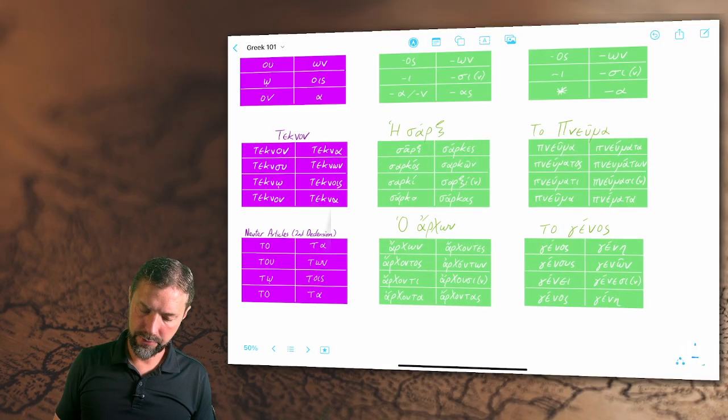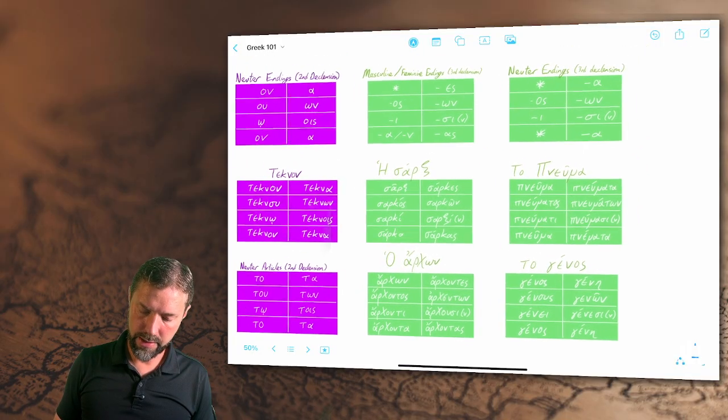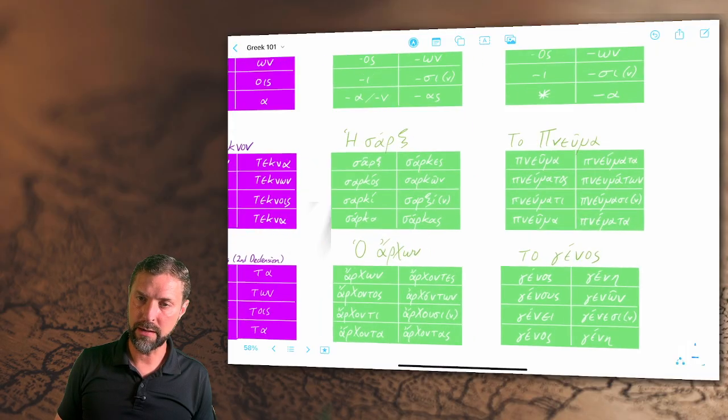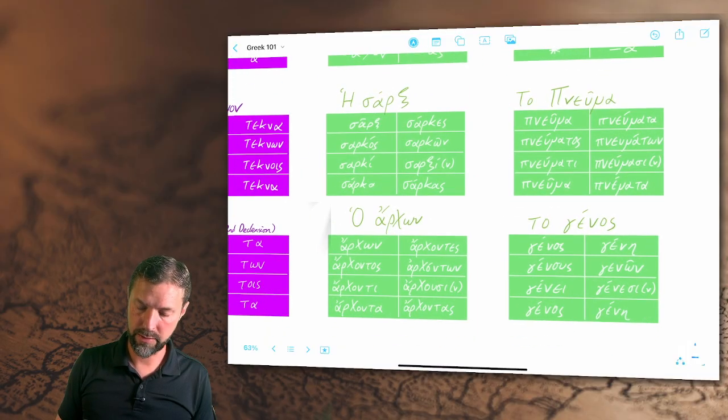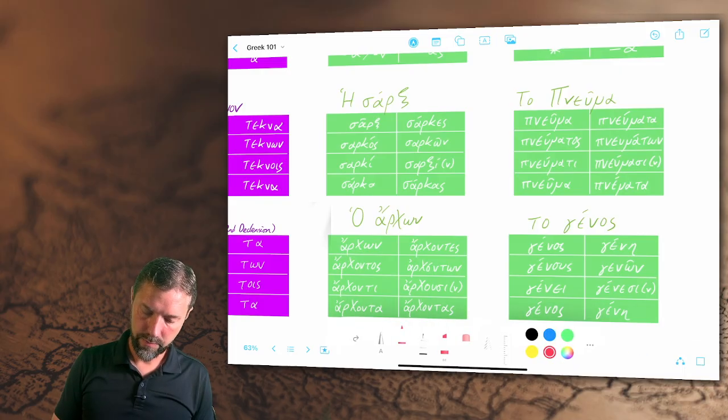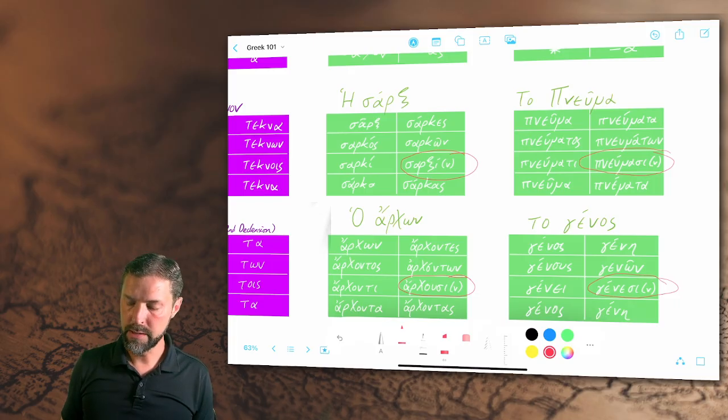If I put that down here, there is one other pattern I need to recognize that's consistent across the entire scheme. And that is at these spots. Pay attention to the dative plural. Each one of the dative plural spots, the conflict that's going to happen here is that I'm combining the stem, whatever it is. Well, we can take sarx.